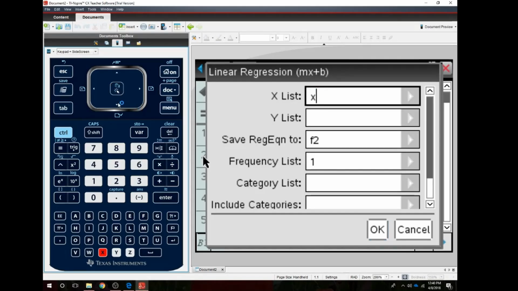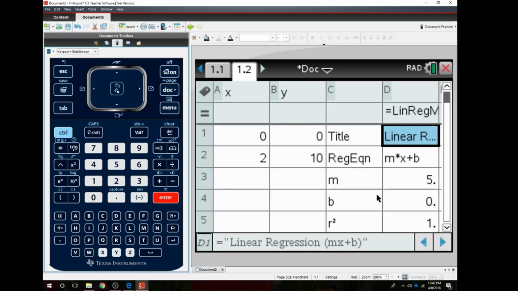We press X, scroll down, Y list, we press Y, and then we press Enter, and Enter again. And our M is 5, and our B is 0.